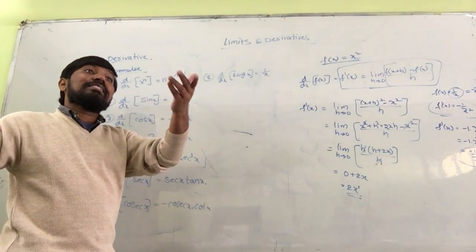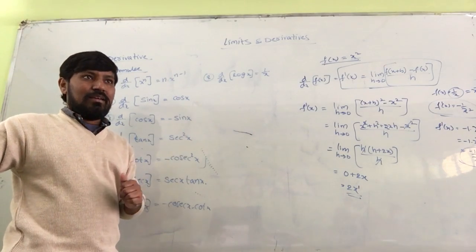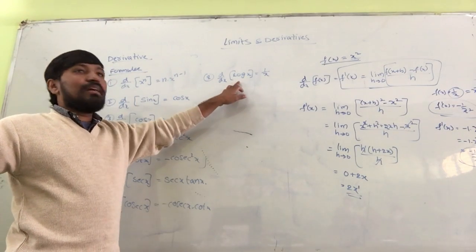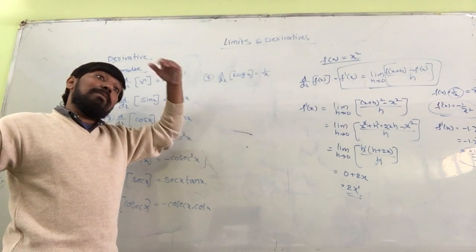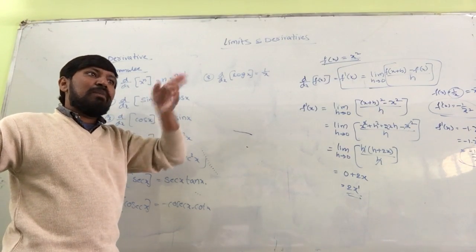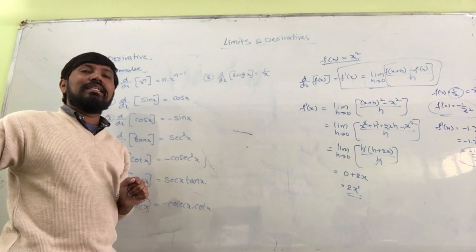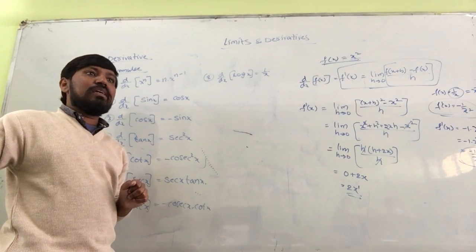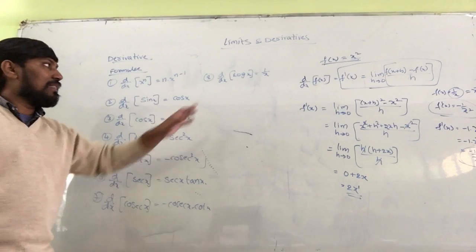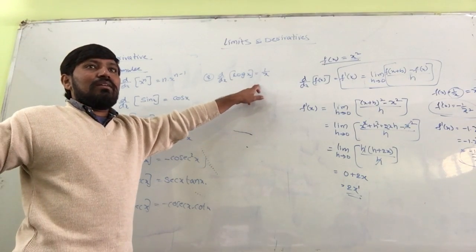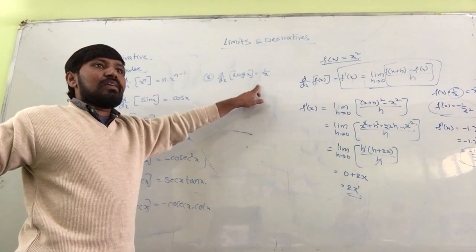That is there in your supplementary material. See the last page for the proof. Not in this chapter, but at the end of the complete book, supplementary material will be given to you. In that, the proof will be given: d by dx of log x is equal to 1 by x.